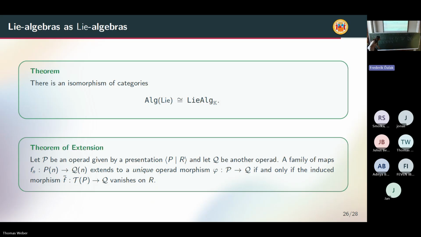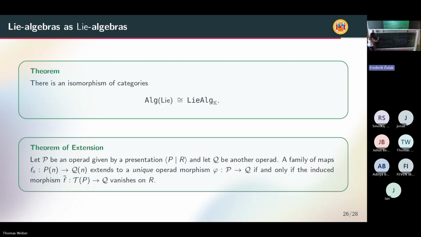The only different thing, which I think is really interesting, is when you try to define the morphism from Lie to the operad of the Lie bracket, then you cannot do it by hand because you don't know how Lie is made, what kind of spaces we have behind Lie. And so what we do is to define an assignment of generators. I just want to quickly mention this construction.